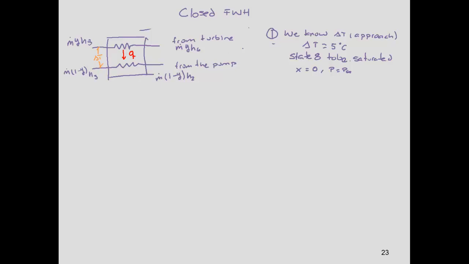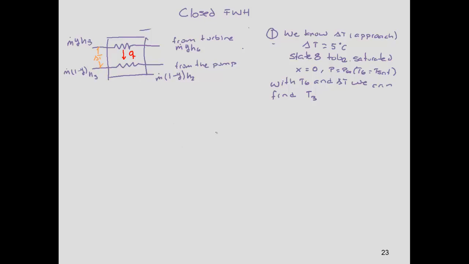With that in mind, if we know the pressure and this quality, we know the saturation temperature. Along with this delta T, we can find T3. That's the first way of doing it.